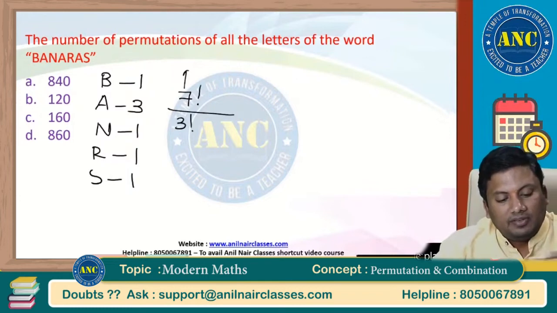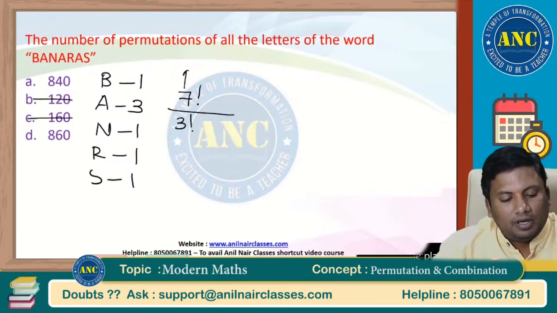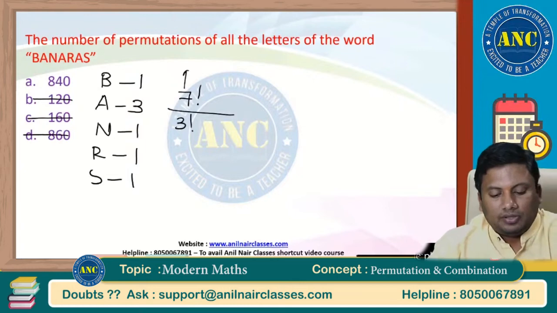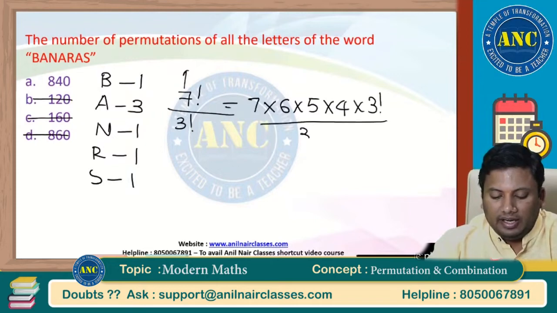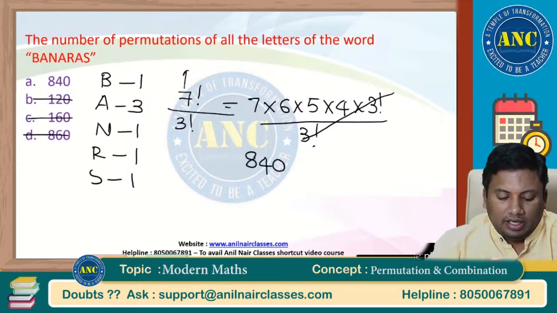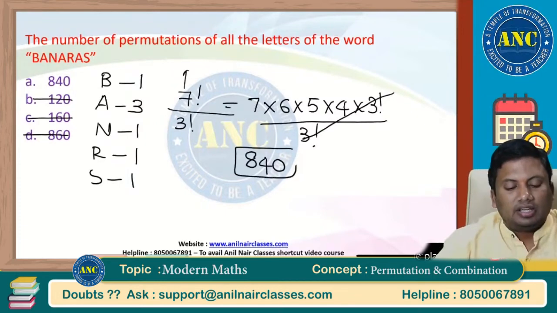Answer should be divisible by 7. Or you can go by the calculation, which is 7 into 6 into 5 into 4 into 3 factorial divided by 3 factorial. 20. Answer is nothing but 840.